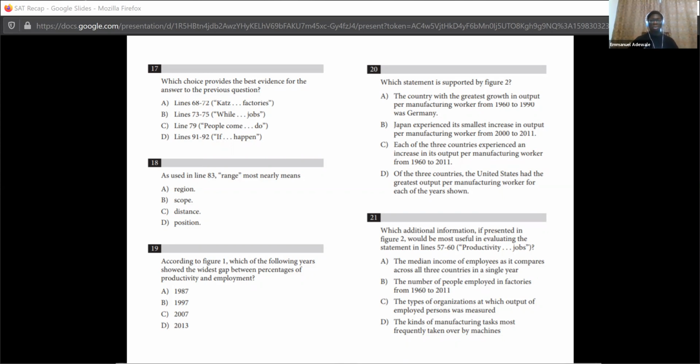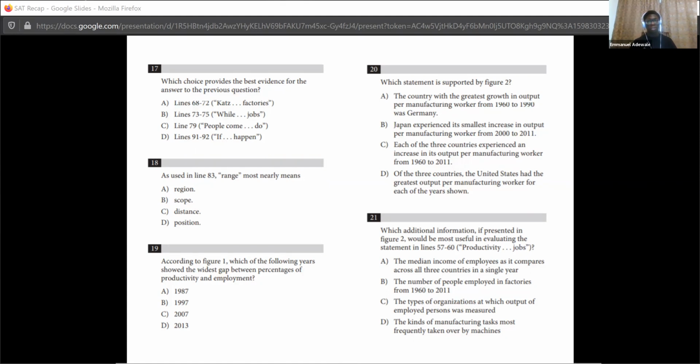Which statement is supported by figure 2? A, the country with the greatest growth in output per manufacturing worker from 1960 to 1990 was Germany. B, Japan experienced its smallest increase in output per manufacturing worker from 2000 to 2011. C, each of the three countries experienced an increase in its output per manufacturing worker from 1960 to 2011.